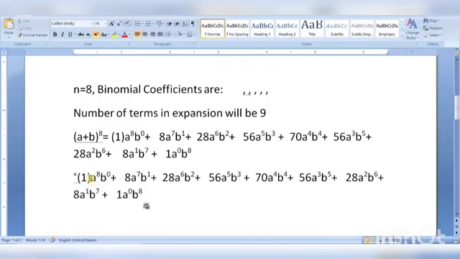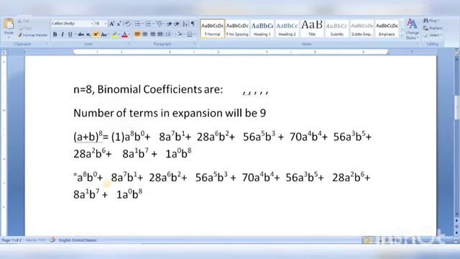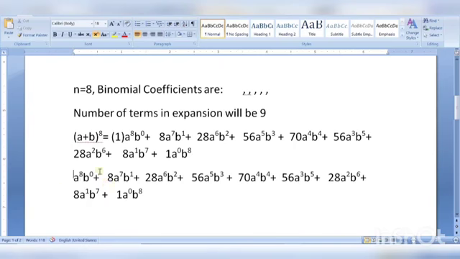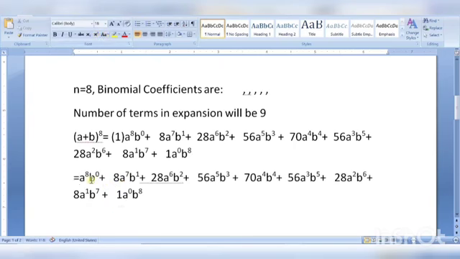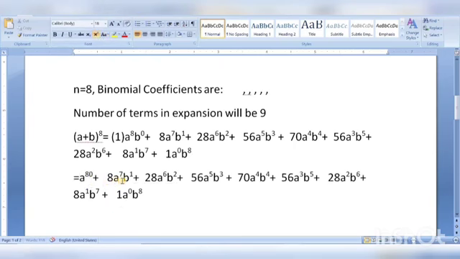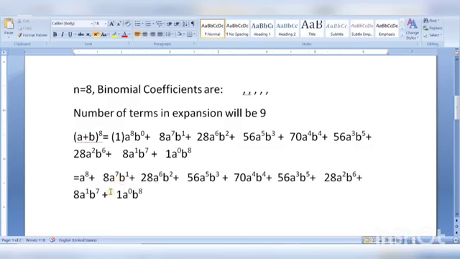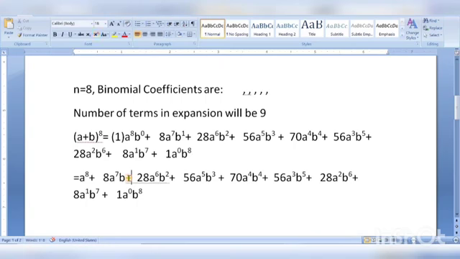So what is the first term? 1. We don't write the coefficient as 1. B raised to 0 is 1, so also we will not write it. So a raised to 8 is the first term. Now b raised to 1 we don't write, so that one we will delete. So the next term will be a raised to 7 b.